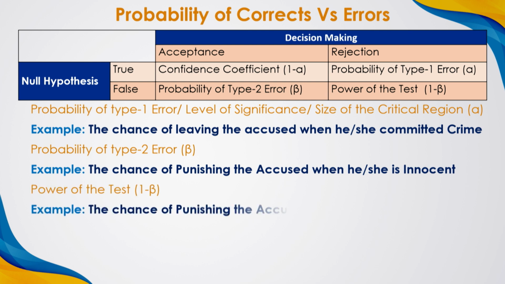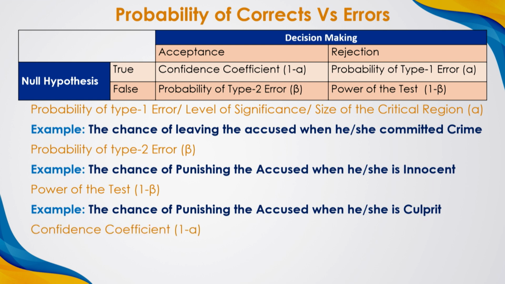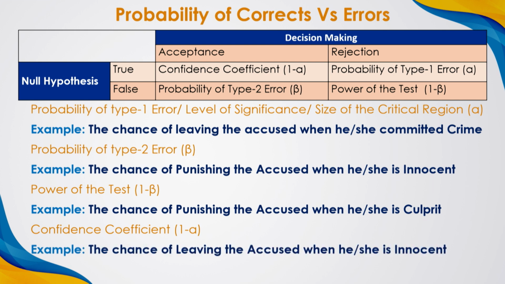The correct decisions are the chance of punishing the accused when he is the culprit and the chance of letting the accused go when he is innocent. So we have these four options while making any decision. This can be observed in any practical situation, where you are handling these four complementary concepts.